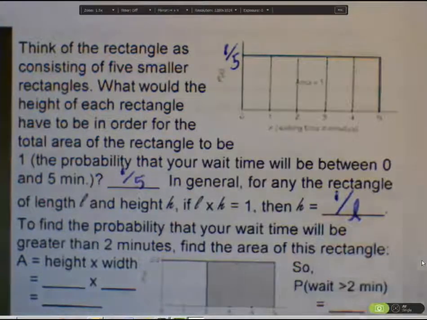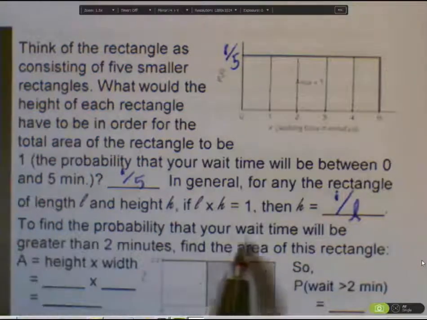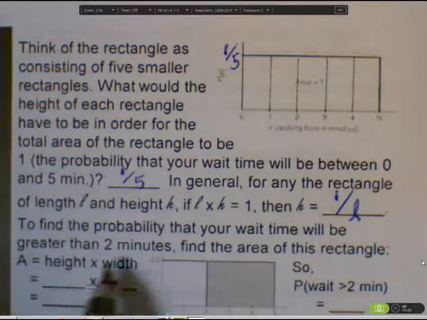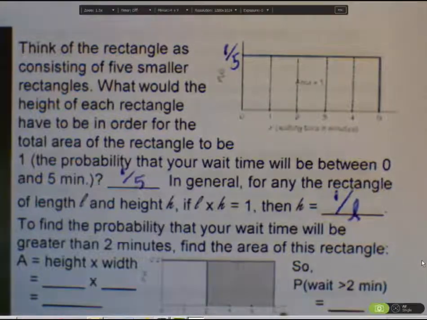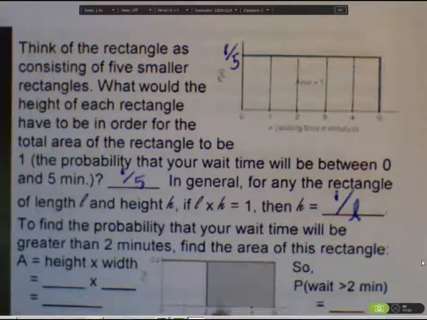To find the probability that your wait time will be greater than 2 minutes, that's the area I have shaded here, a wait time between 2 and 5 minutes. Well, the length of the shaded portion is the difference between 2 and 5.